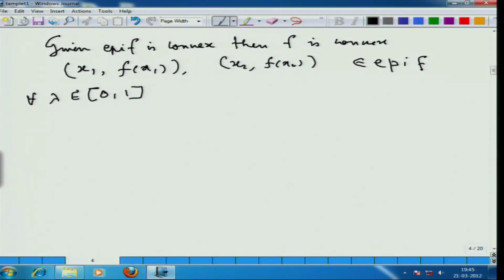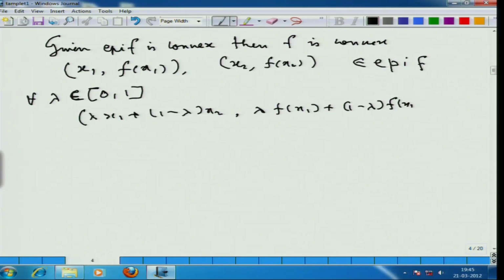for all lambda between 0 and 1, (lambda x1 plus (1 minus lambda) x2, lambda f(x1) plus (1 minus lambda) f(x2)) is in epi f.